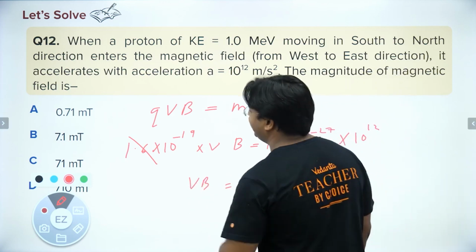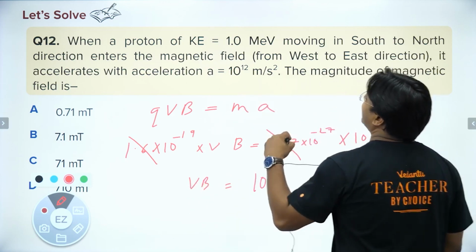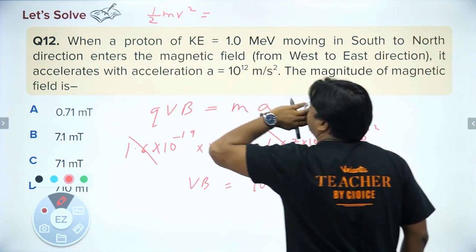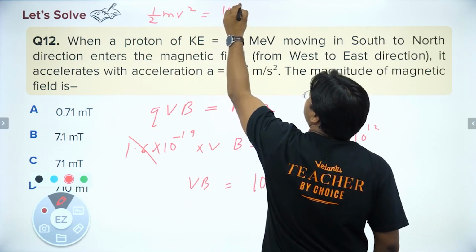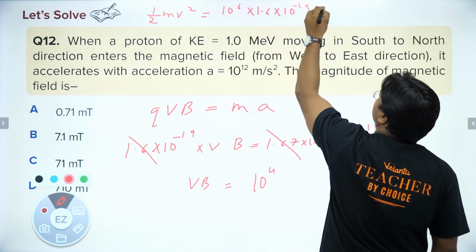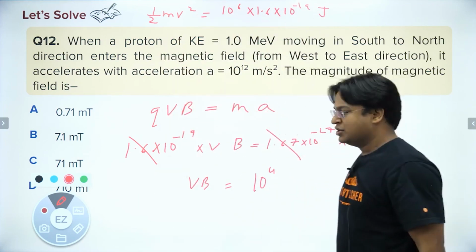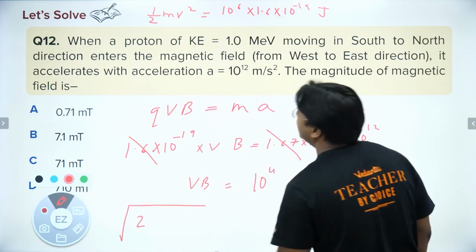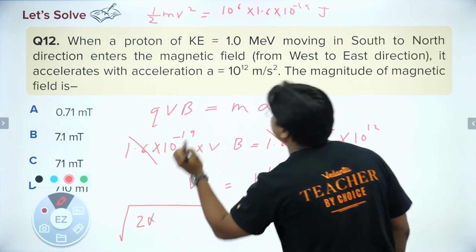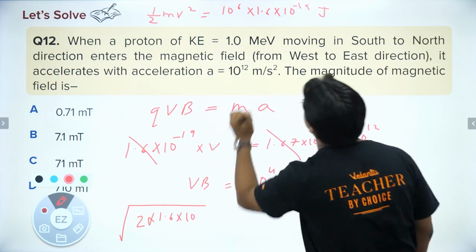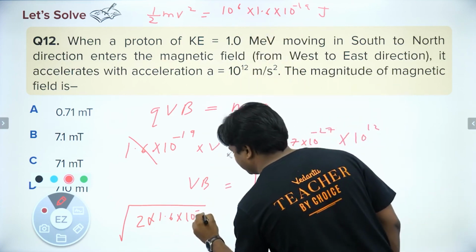Now for V, what can we do? Half mv square is given to be 10 raised to power 6 into 1.6 into 10 raised to power minus 19 joule. So this is half mv square. So V can be written as root of 2 times this number, which is 1.6 into 10 raised to power minus 19, minus 13 it becomes.